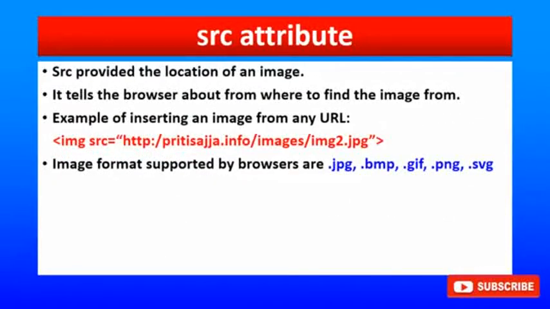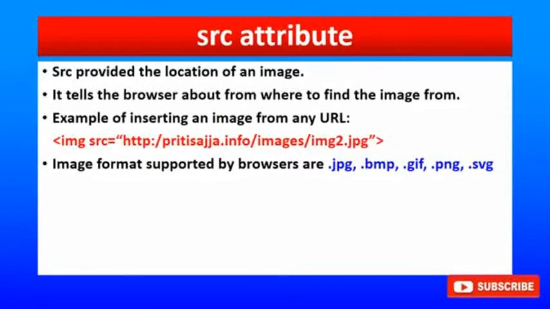Now we will discuss the src attribute. Src means source. The src attribute provides information about the location of the image. In the previous example we had seen, when we used the image lying in our own folder or in the folder named images, then we had written the path of that thing.